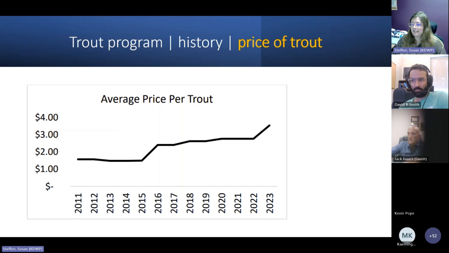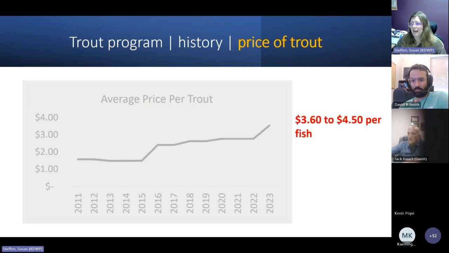No surprise, many things have gone up in price, and trout are no exception. We purchase most of our trout from private vendors. Back in the early years, 2011, as far back as the chart goes, we were experiencing prices as low as $1.50 per fish. Now in 2023, it's as expensive as $3.60 or $4.50 per fish.